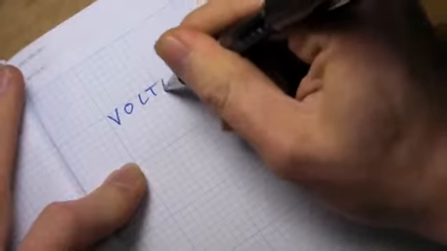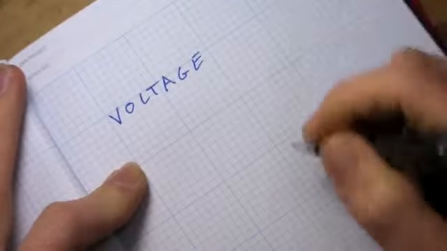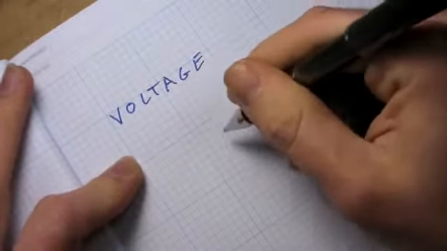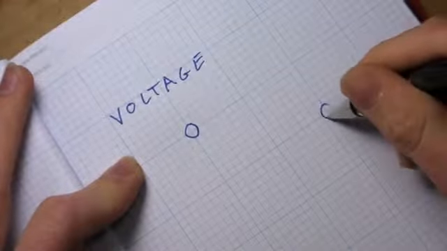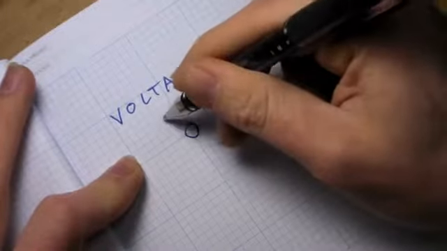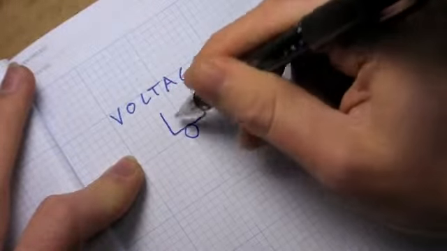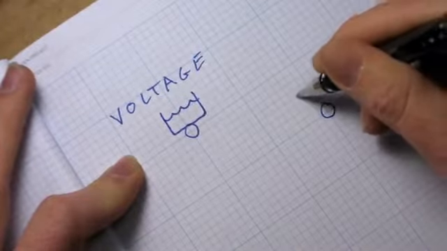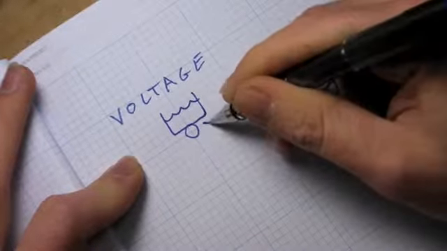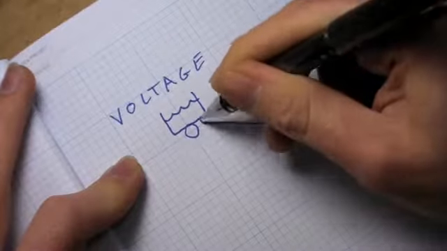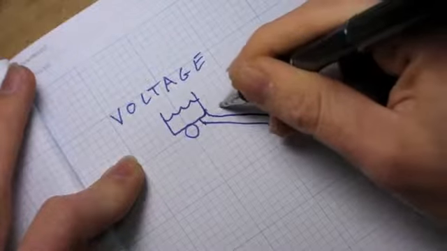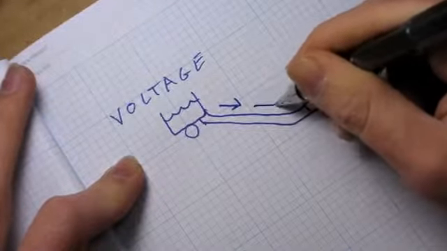Voltage is defined as a difference in electrical potential. You can imagine it kind of like this. If we have 2 points at different heights, water at one point and water at another point, if we connected those two with a pipe, water would flow from the higher point to the lower.